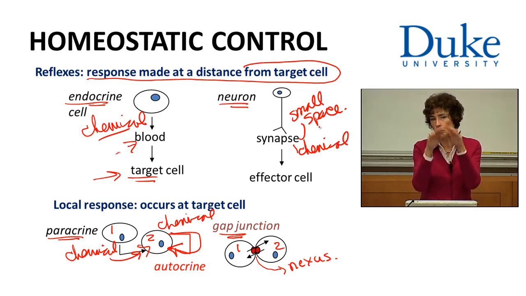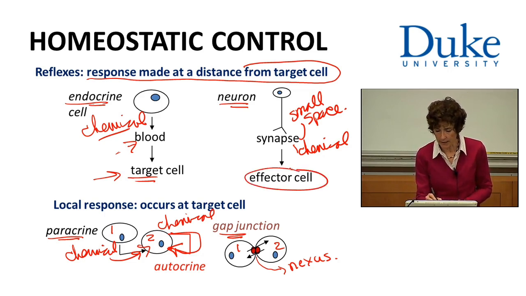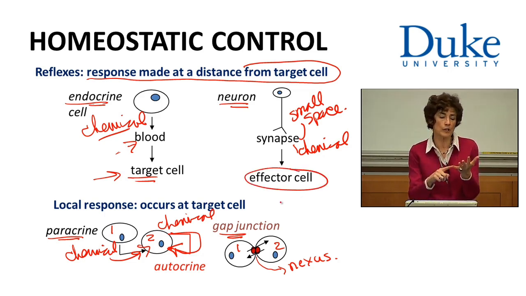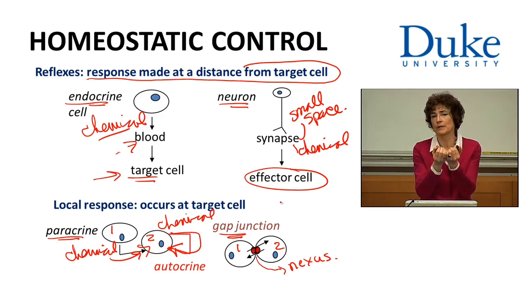The chemical will act on the effector cell, that is the second cell in the series, and this cell could be a neuron, it could be a cell from a gland, or it could be a muscle cell. Whatever the effector cell or target cell is, it has a receptor which can recognize the chemical that's being released by the neuron, and then it binds to this receptor and causes the effector cell to have some change in its activity.